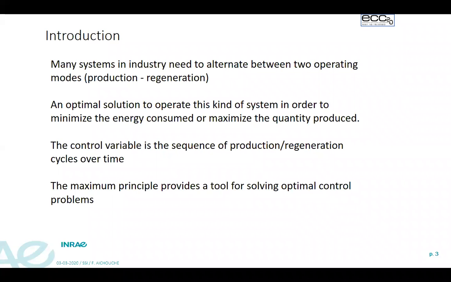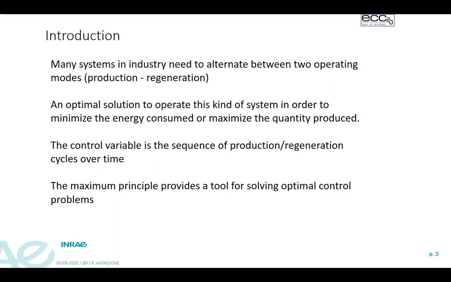We start by introduction. In fact, many systems in industry require alternating production and regeneration modes. It's, for example, the case of the membrane or accumulator systems. So it's really important to find an optimal solution to operate this kind of systems in order to minimize the energy consumed or maximize the production.